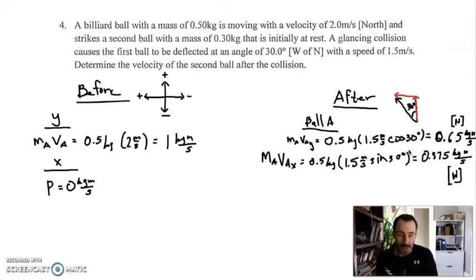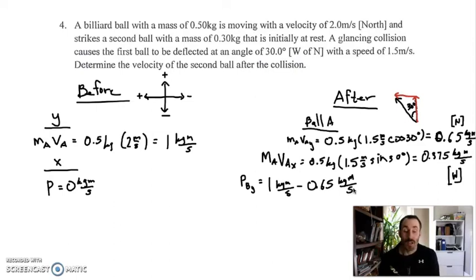So the momentum of ball B in the y direction has to be 1 kilogram meter per second minus 0.65 kilogram meters per second. Okay, so they've got to add up to 1. So what's left over for B is 0.35 kilogram meters per second, and that's in the north direction.